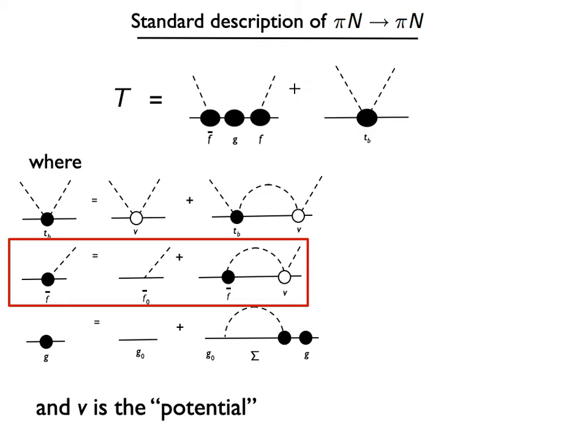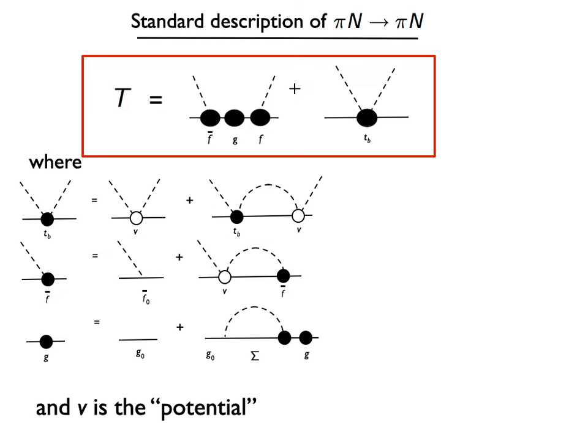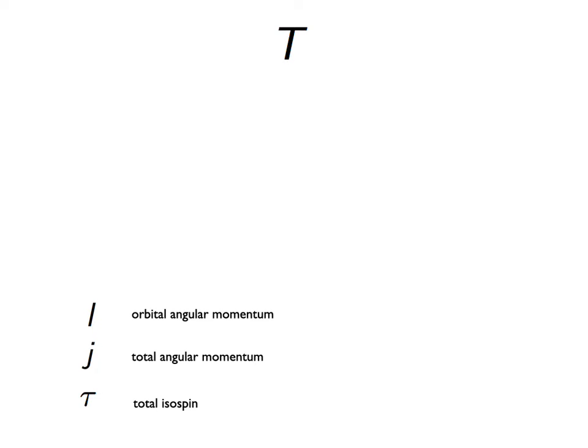Similarly, the pi-n to pi-n amplitude t should accurately describe the pion-nucleon scattering data. T actually contains a lot of subamplitudes because it depends not only on the energies of the particles, but also their charges and their angular momenta. The orbital angular momentum of the pion-nucleon system is labelled by a quantum number which I'll call L, and this can be any integer from 0 to infinity, although we only calculated t for L equals 0 and L equals 1 because at low energies most of the scattering happens in these two channels.